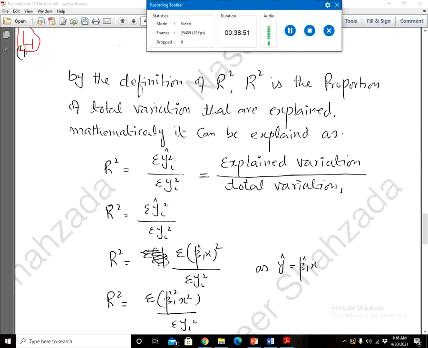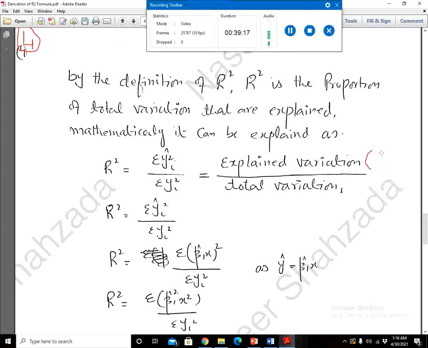Now by the definition, r square is the proportion of total variation that is explained. Mathematically, it can be expressed as r square is equal to summation yi cap square divided by summation yi square. And what is summation yi cap square? Explained variation, the sum of square of the explained variation.